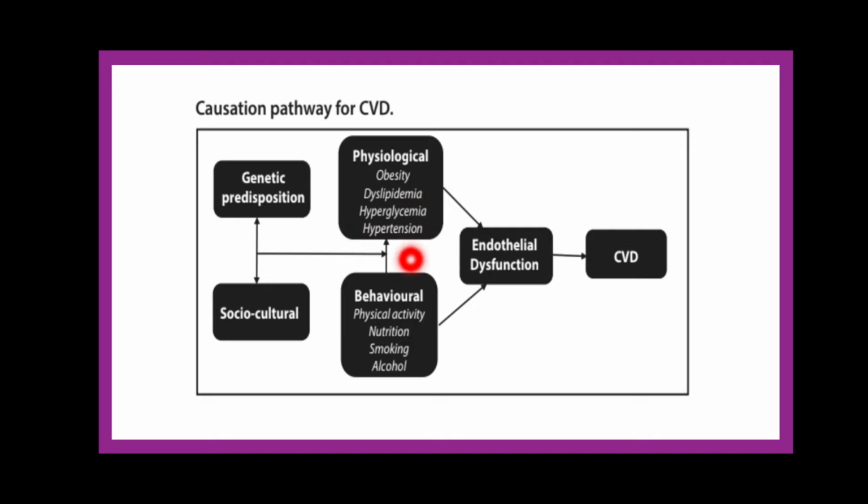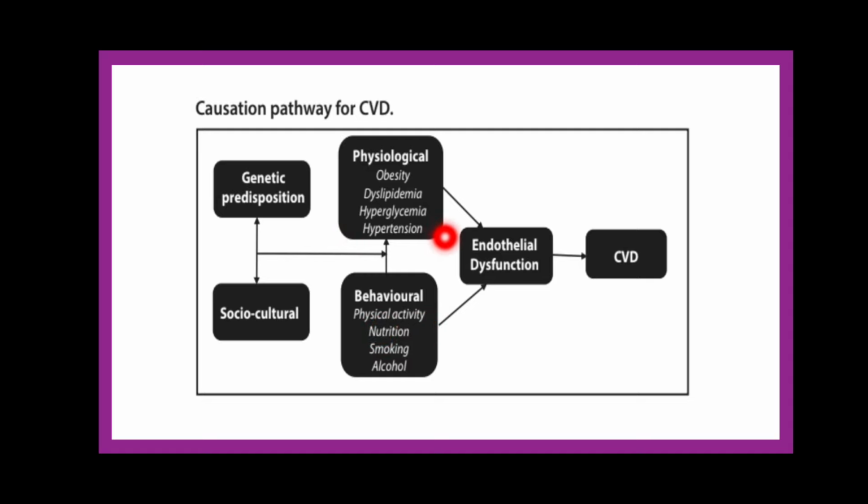We can control obesity and the others with a few changes in our lifestyle modification, like physical activity. Dyslipidemia deals with the lipid content, so again nutrition plays a role.